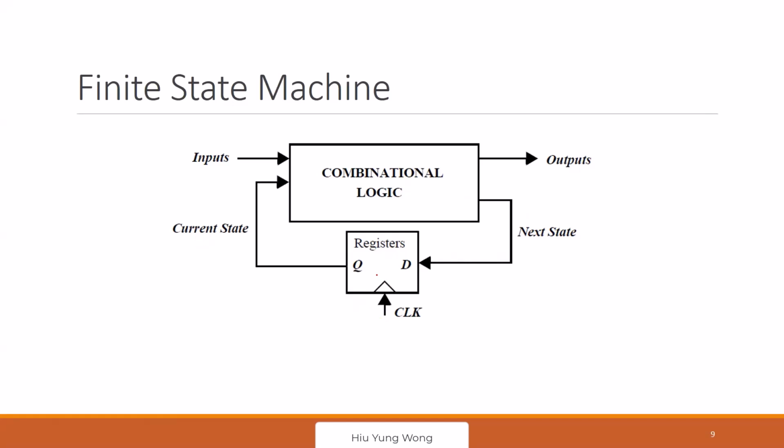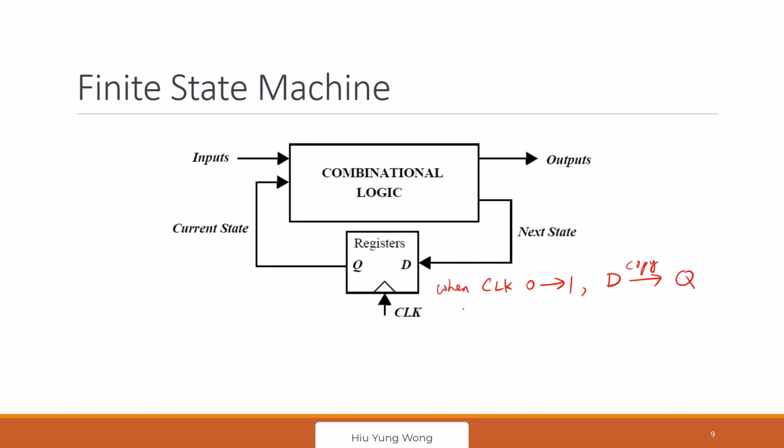It's called a positive edge trigger register. What does it mean? It means when the clock changes from 0 to 1, only when it changes, D will be copied to Q. That's how it works.